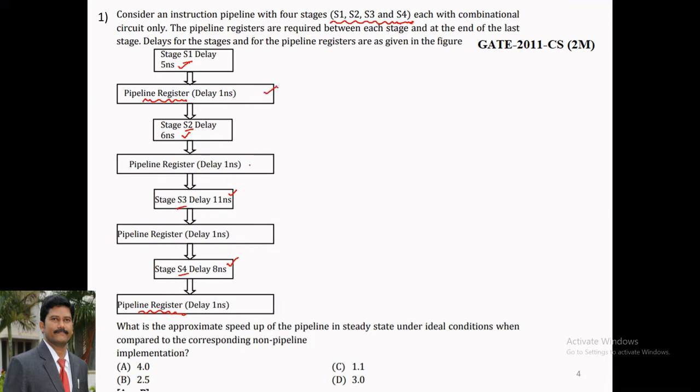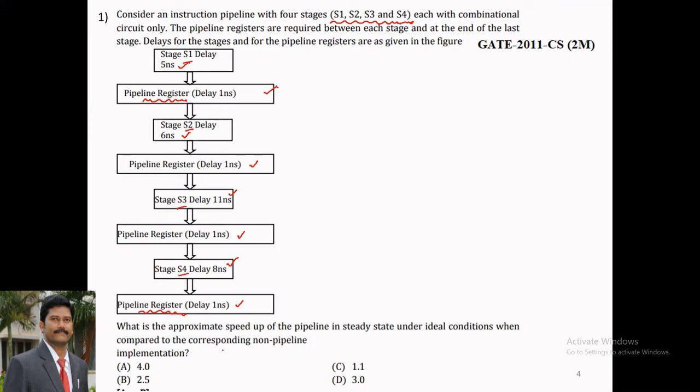Now the question is, what is the approximate speed up of the pipeline in steady state under ideal conditions when compared to the corresponding non-pipeline implementation?